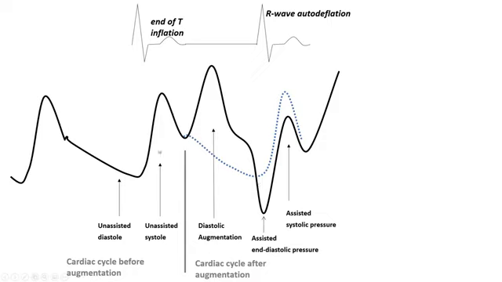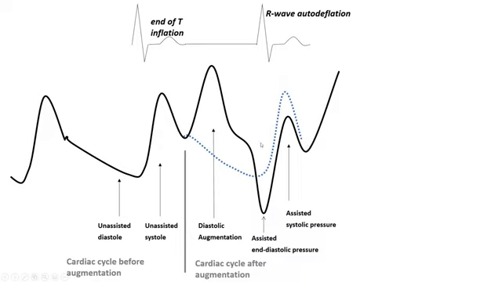This is another illustration of how the pressure would look if we did not augment in this patient. The diastolic pressure is lower after augmentation, and the systolic pressure is lower after augmentation. This is because that's the purpose of the balloon pump. It creates that deflation and sucking motion that creates a vacuum and dips the diastolic and systolic pressure.